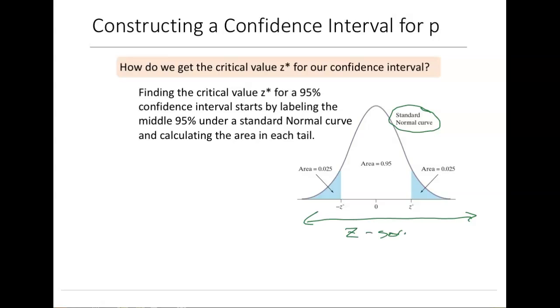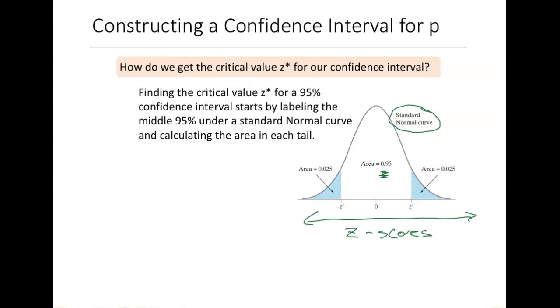So what you want to do is figure out the z-scores that bound whatever percent of the area that you want your confidence level to be. So if we want it to be 95%, we're trying to figure out the z-scores, namely positive z-star and negative z-star, that bound 95% of the area.